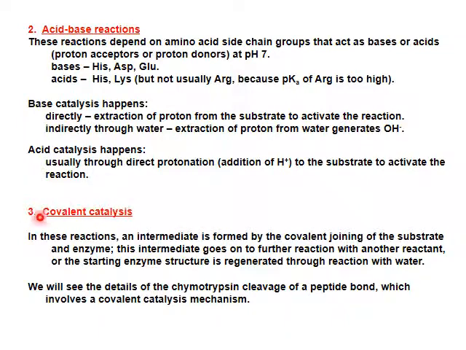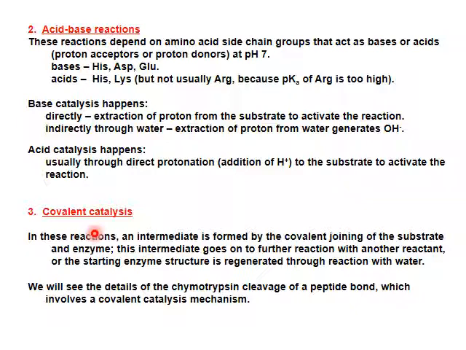That's just one example, but there are others where the enzyme itself is covalently modified in the process of the chemical reaction that involves this strategy called covalent catalysis. So that's covalent modification of the enzyme through part of the substrate, not the whole substrate, but part of it.